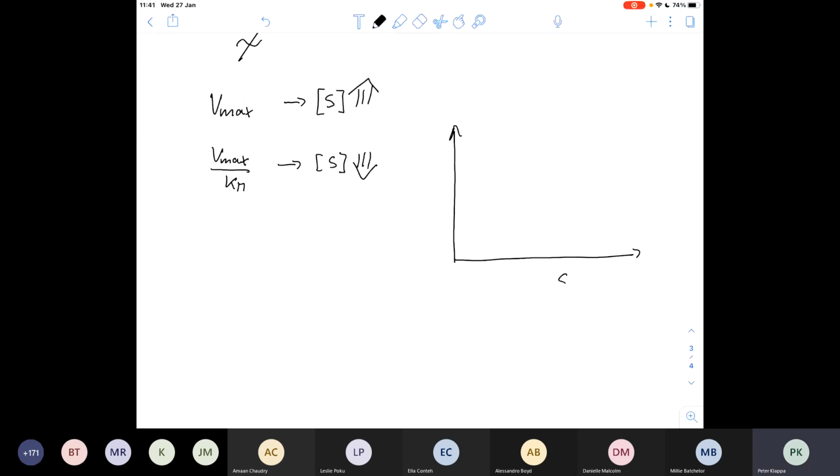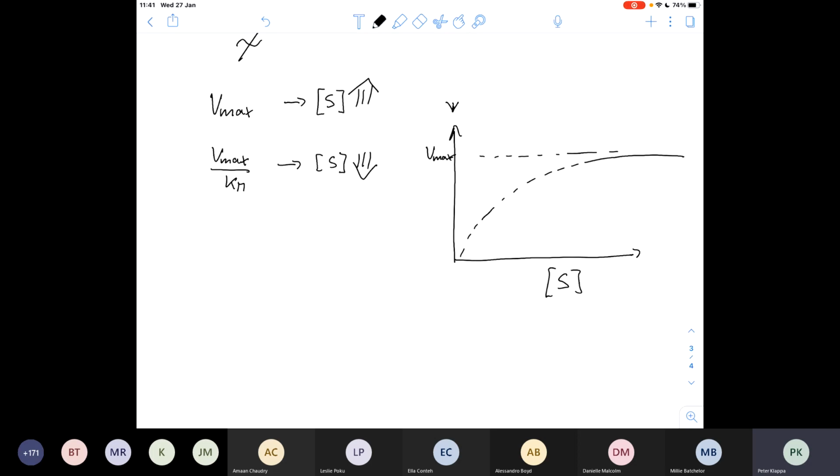We have substrate concentration, we have the V, we have our Michaelis Menten plot here, where we have our Vmax here. So that would give us Vmax.